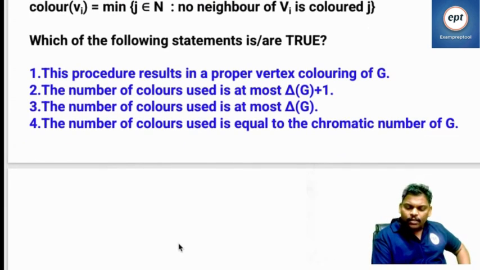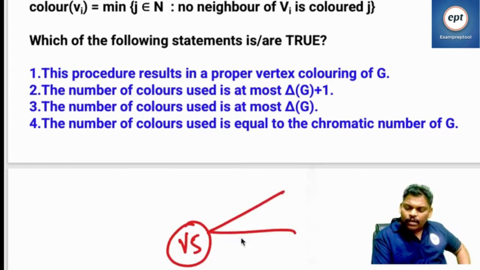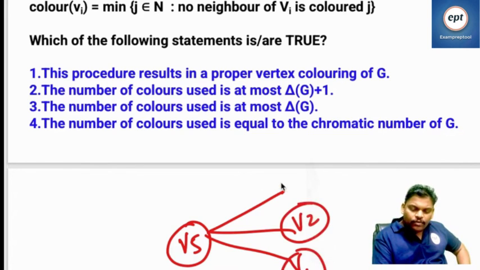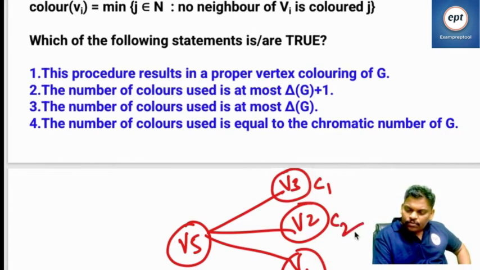According to this algorithm, what is the V5 color? It is V1, V2, V3. Assume that their colors are C1, C2, C3. So the V5 color is going to be the minimum number which is not there among its neighbors.